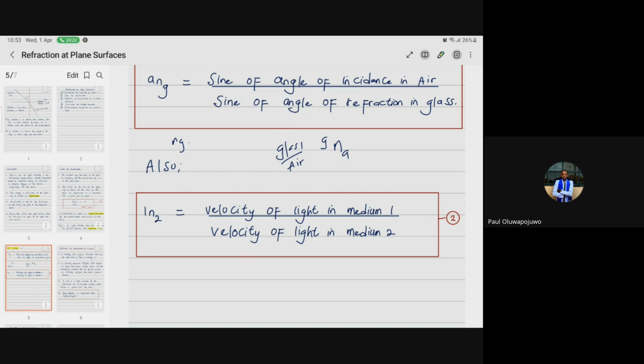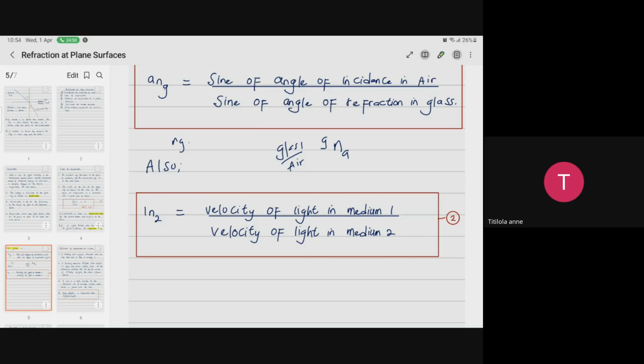Now you know that if you have glass and water, which one is less dense? If you have two media, glass and water, which one is less dense? Let me call him. Sir, which one is less dense?